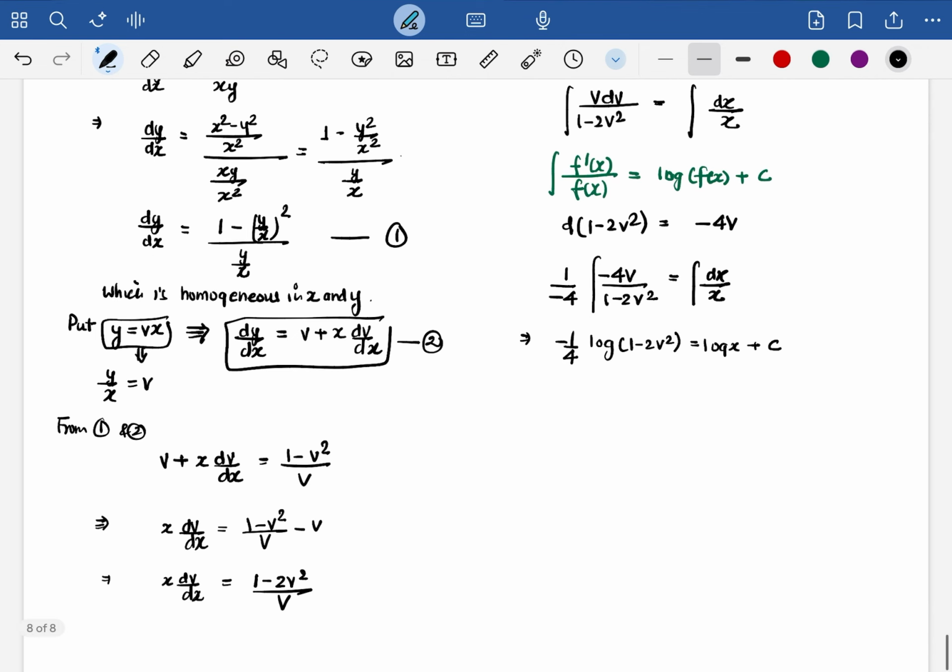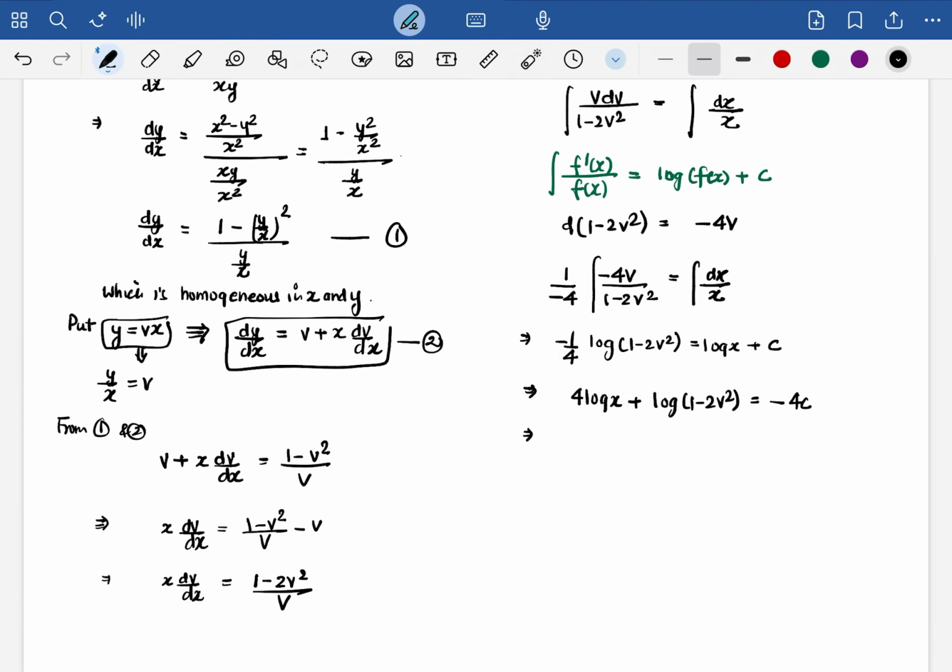Okay, now if we want to simplify the things, let's multiply it by 4. So can we say 4 log x plus log of (1 minus 2v square) is equal to minus 4c. Just multiply by 4 and rearrange the things, and you will get the same.